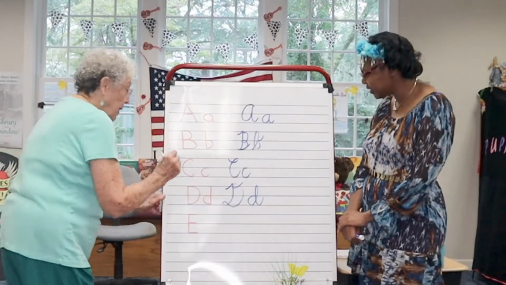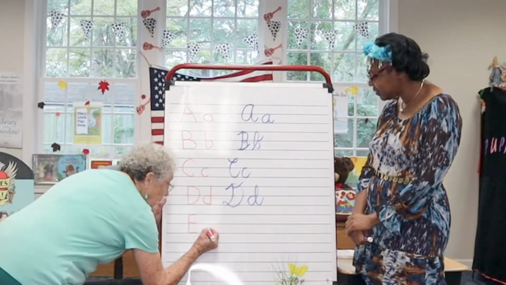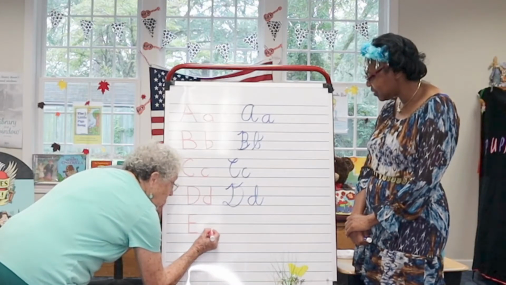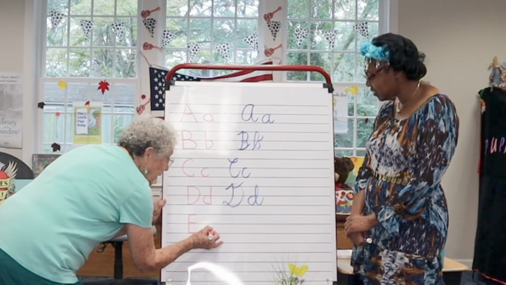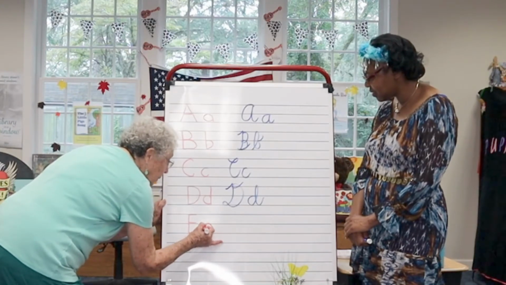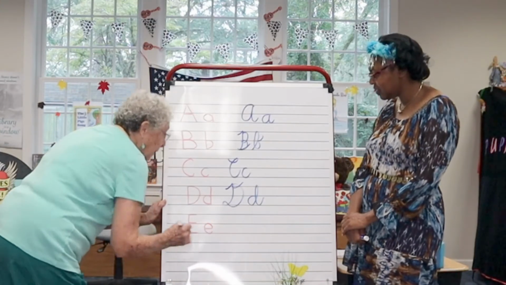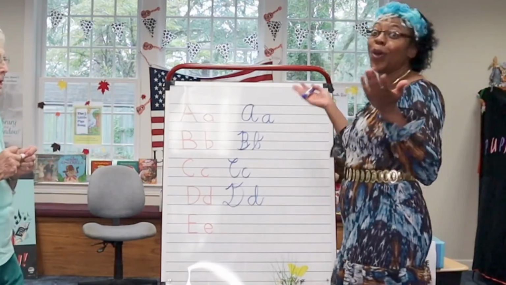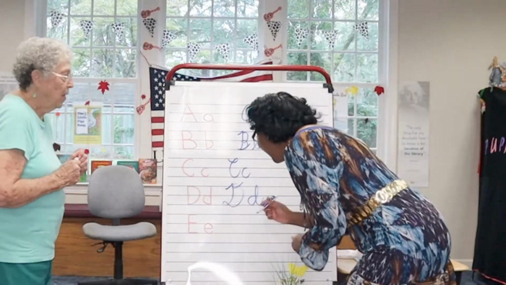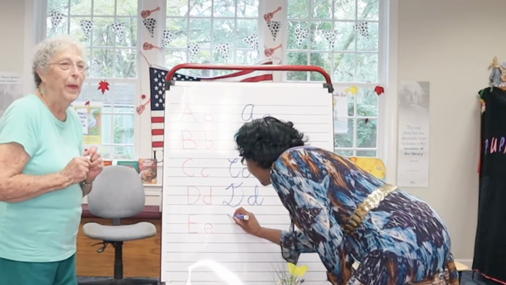Yeah, it's cool. And our lowercase e is a horizontal line halfway in between, and then we do a curved line around. I like that. Who knew? Who knew? Lines are so basic.